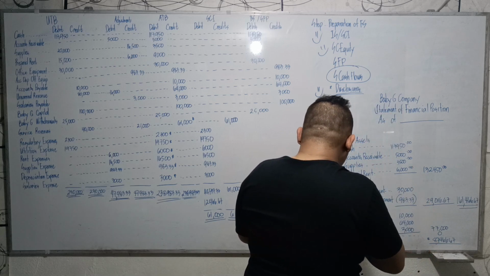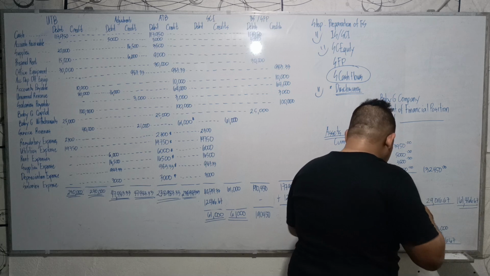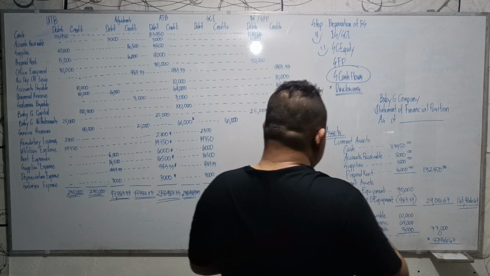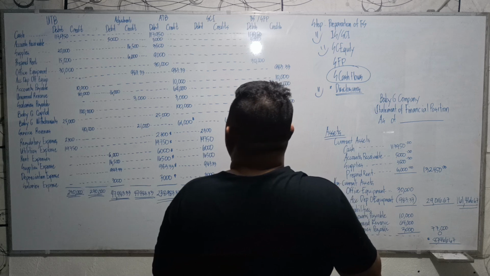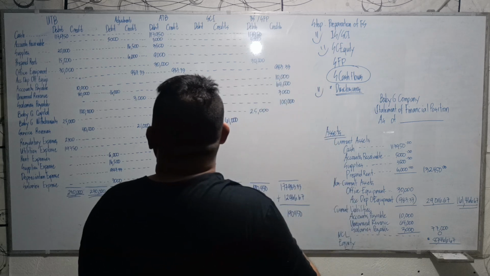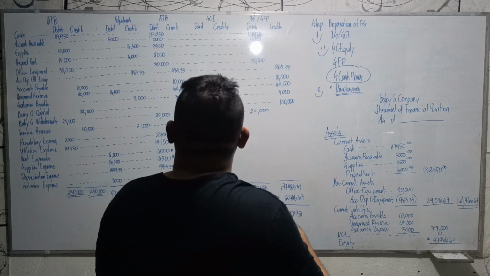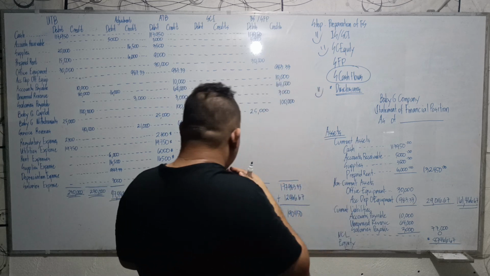87,466.67 plus 77,000. You will have, oh no, I guess we have a difference again. 5,000 and then 3,500 and then prepaid rent. We have a difference of 3,000. Let me repeat again.